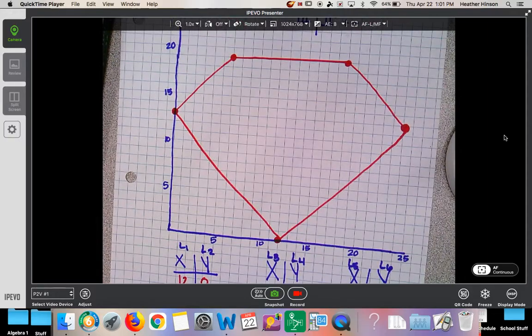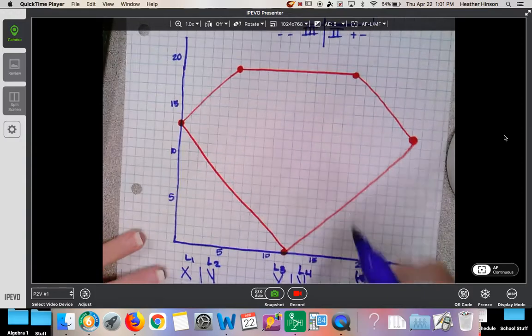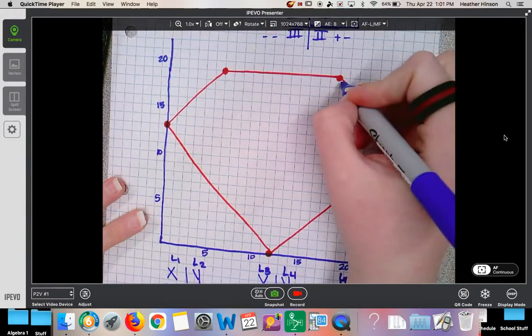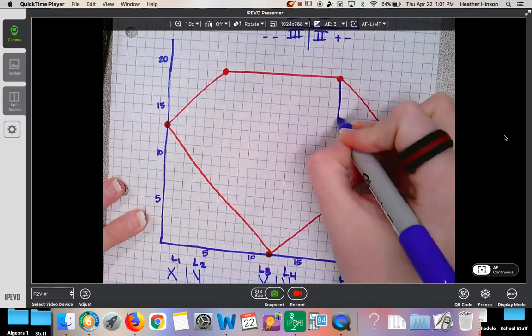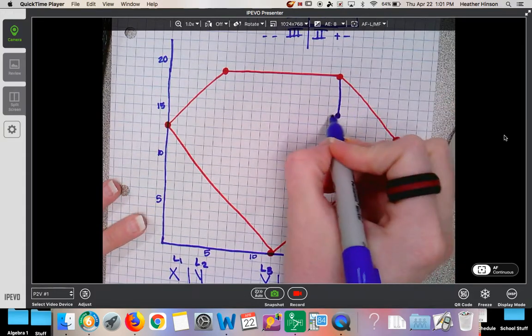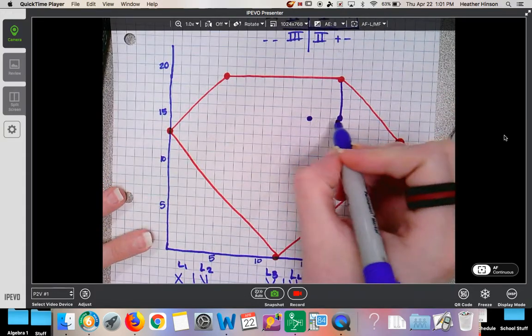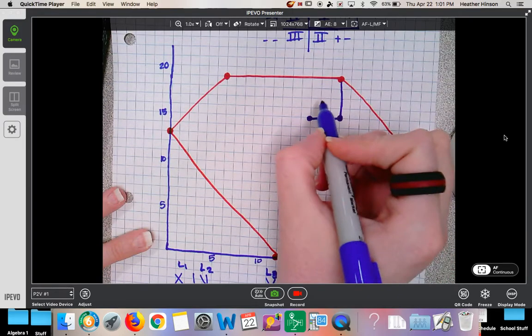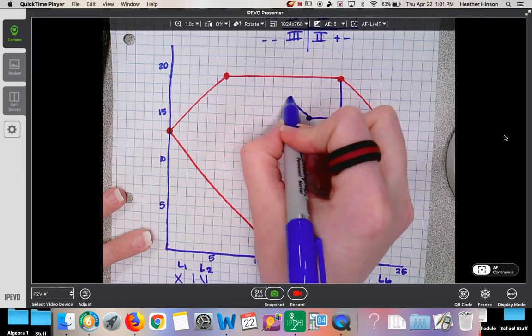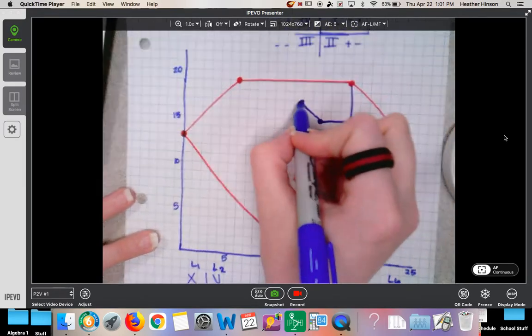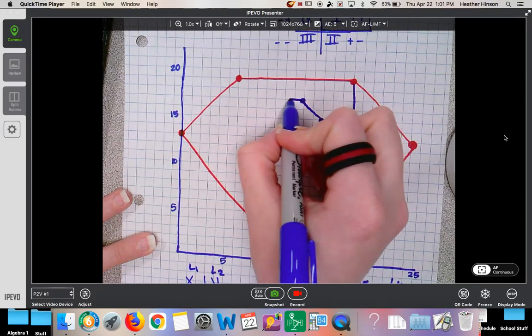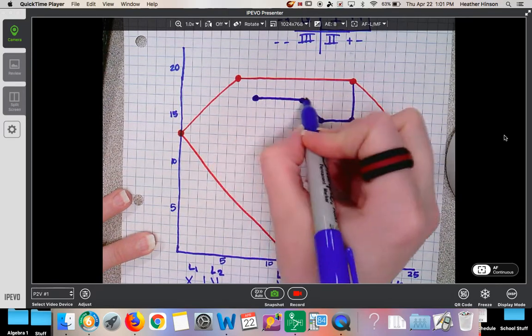So I'm going to draw the first part of the S. Let me see. I'm going to connect it here. I'll go over a little. Let's go up. Over like 4.